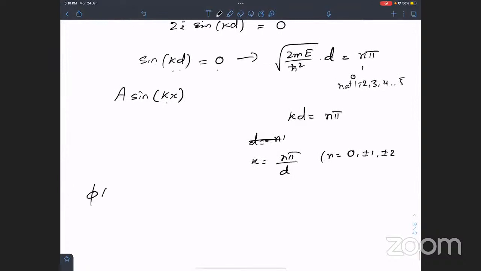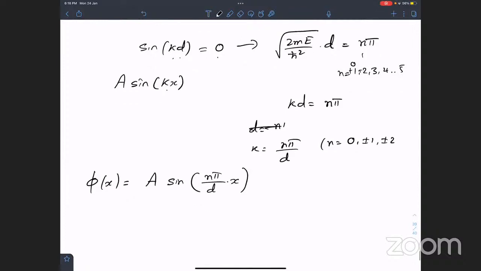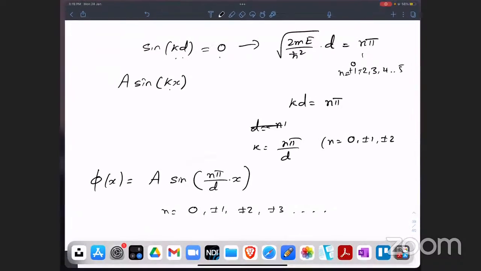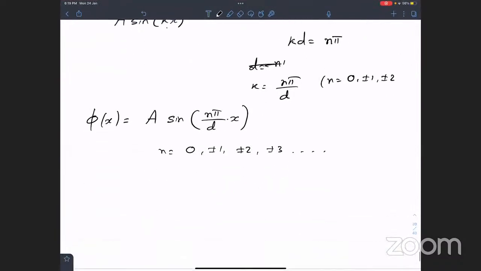So now we have a good idea about the wave function. We know it looks something like a into sine of n pi by d into x. Now let us think about all these possibilities: 0, plus or minus 1, plus or minus 2, plus or minus 3, and so on. What if n is 0? If n is 0, your phi of x will become identically 0.